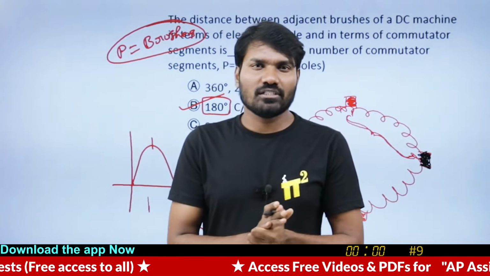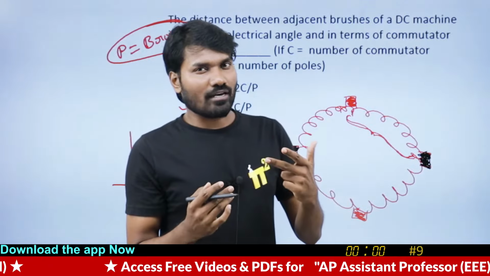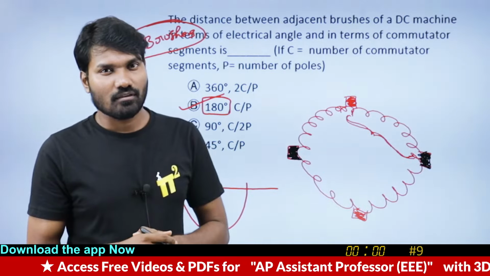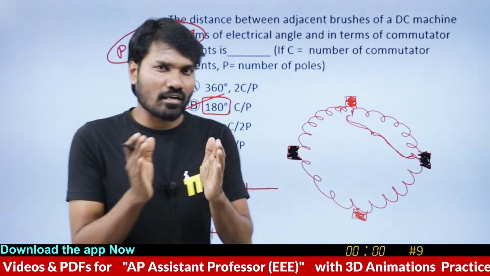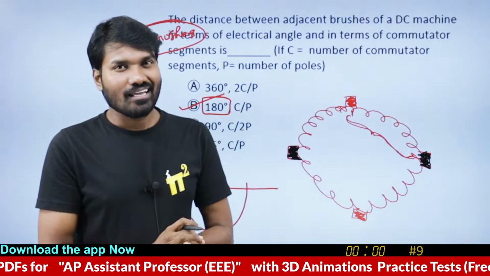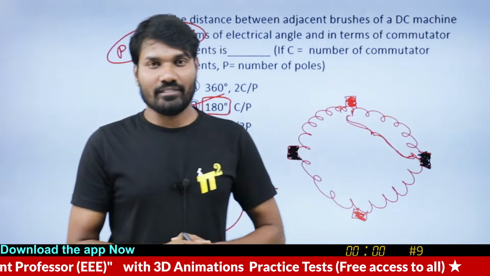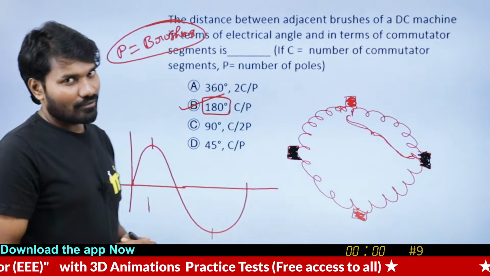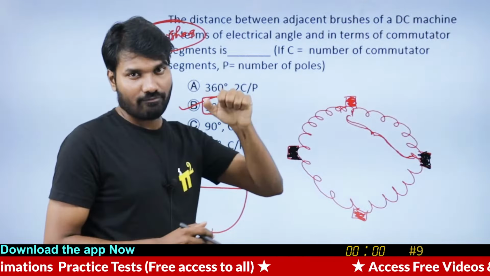For very small machines, wave winding always has number of brushes 2 because number of parallel paths are 2. For any medium or bigger machine, number of parallel paths are 2 for wave winding, but number of brushes are always equal to number of poles, be it a lap or wave.